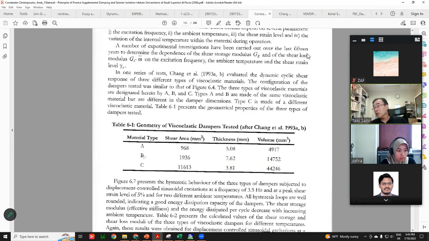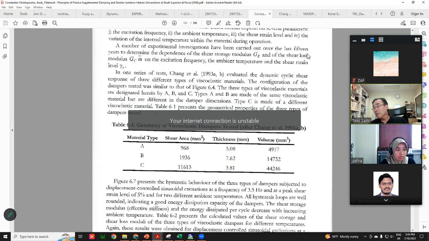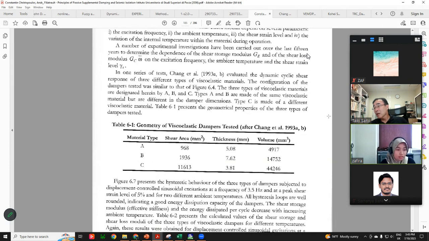A and B are made of the same material, but different in damper dimension. But type C is a different viscoelastic material. So A and B are the same material, but different size. Same material, but what kind of material? Is there any specific name of the material?